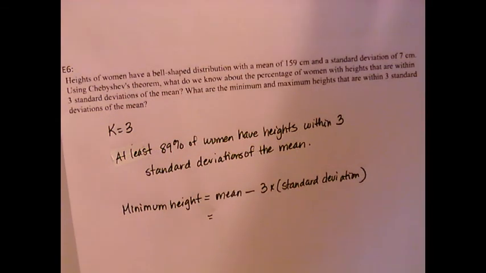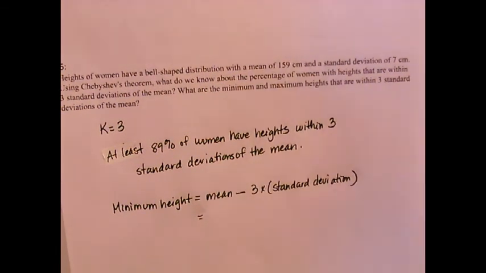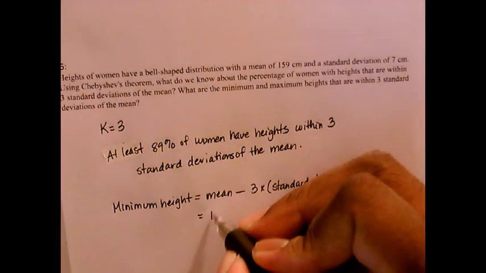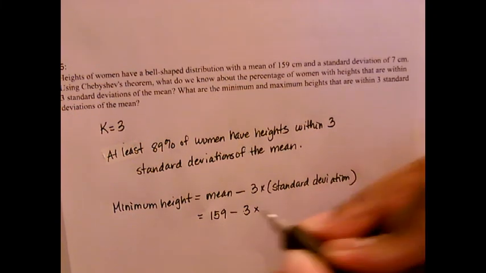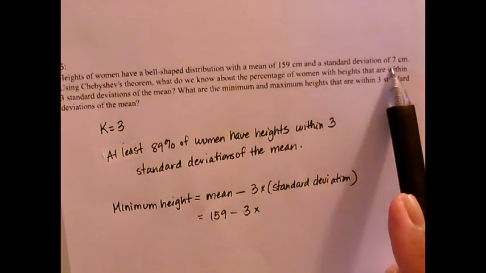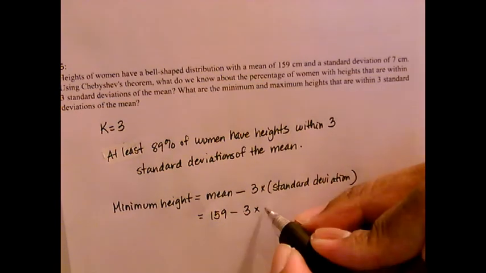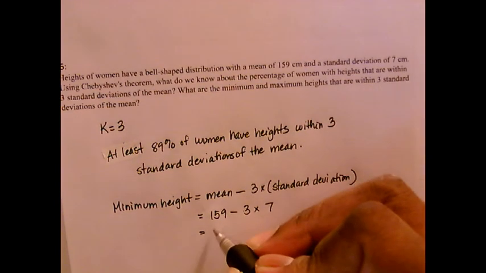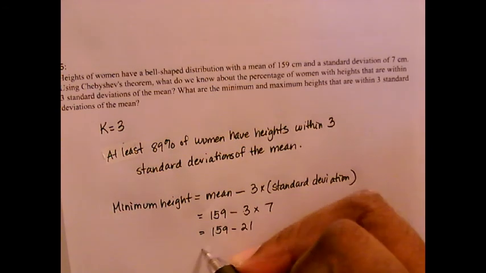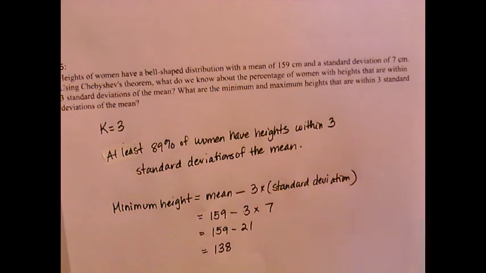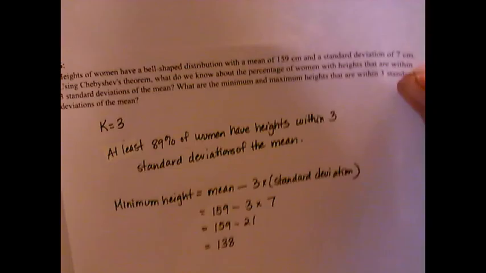And in this case, your mean was 159, that was given to us in the problem, minus 3 times the standard deviation, which was 7. So this will be 159 minus 21, which will be 138. So the minimum height would be 138 centimeters.